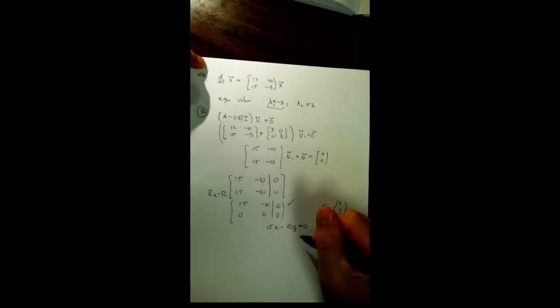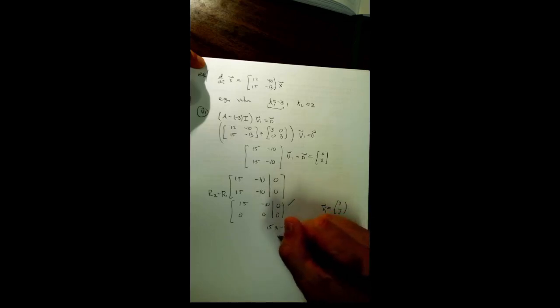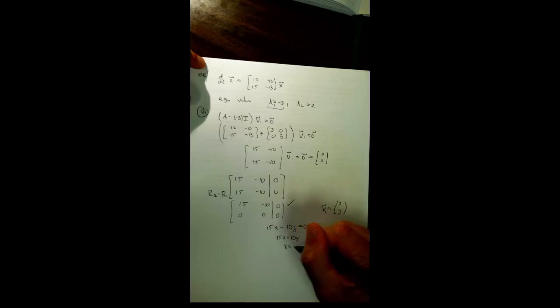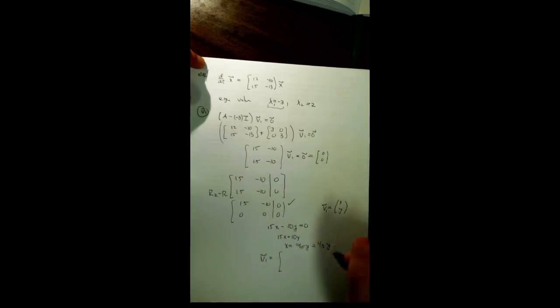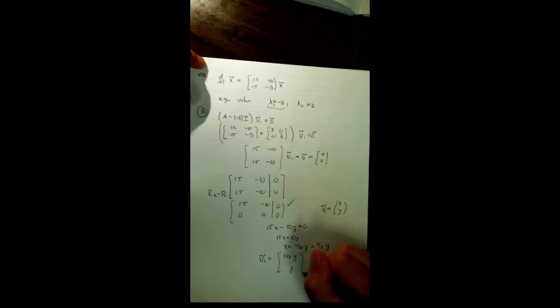So what does this say? This says that 15x equals 10y. So x equals 10/15 y, or 2/3 y. So x is 2/3 y, and leave y alone.